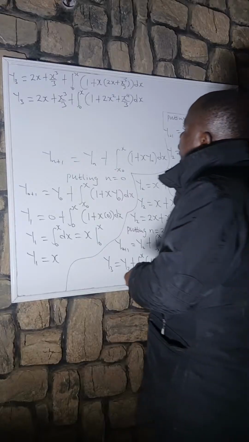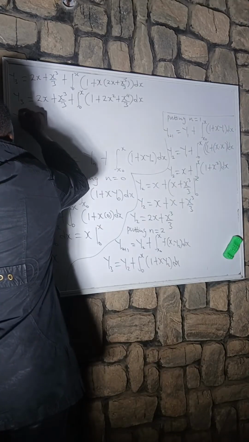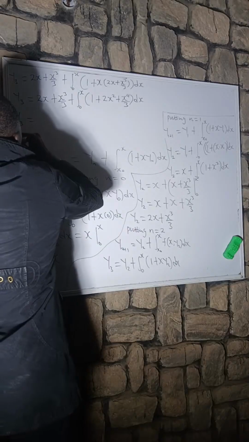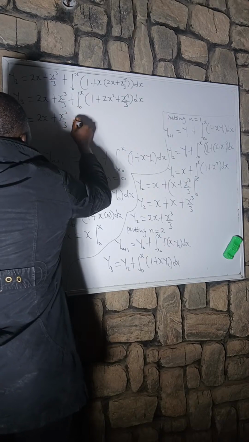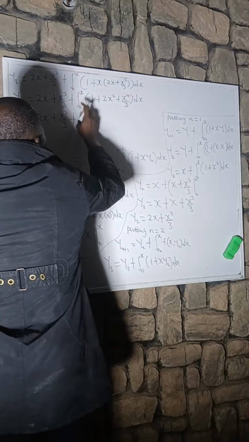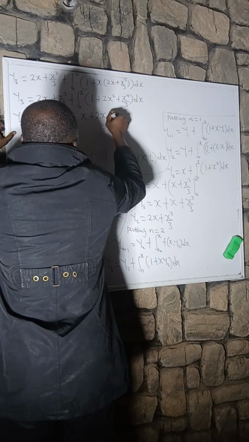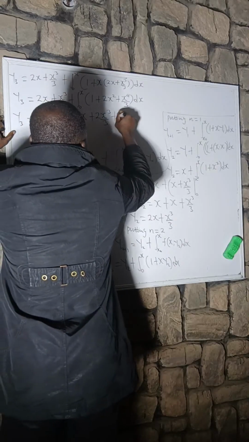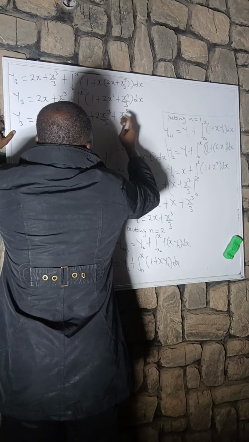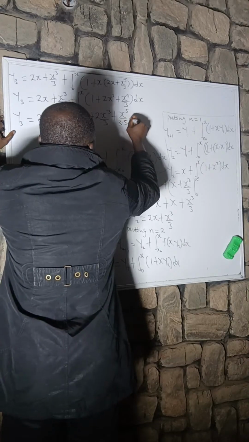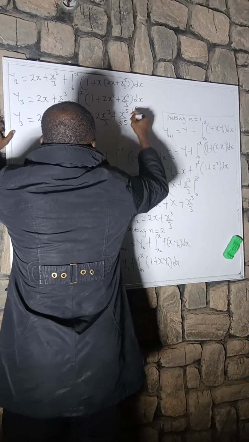Okay. So if you agree with me, here will now be y subscript 3 is equal to 2x plus x raised to the power of 3 all over 3 plus, if you integrate this, we are going to have x plus 2x raised to the power of 3 all over 3 plus x raised to the power 5 all over 3 times 5 at 0 to x.